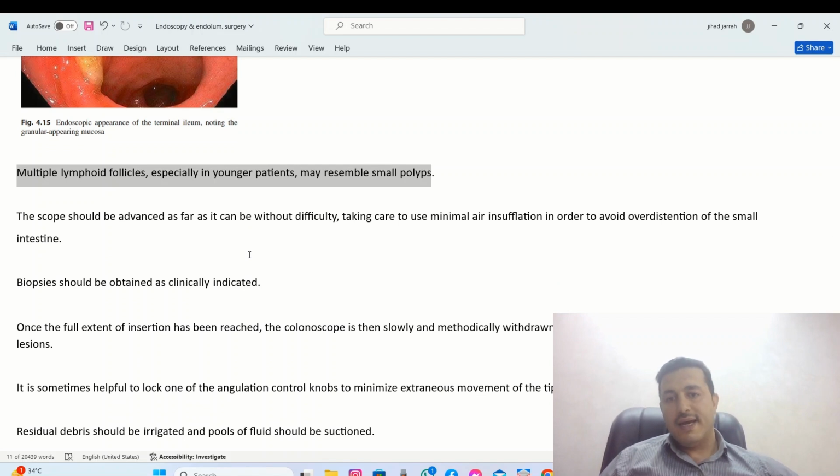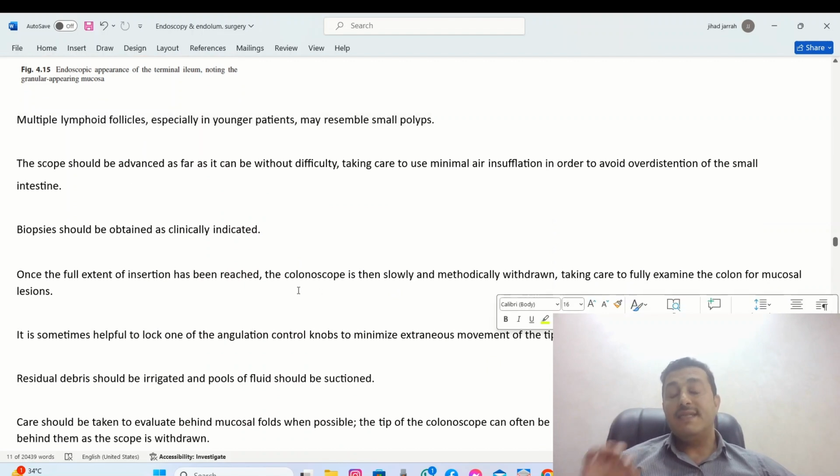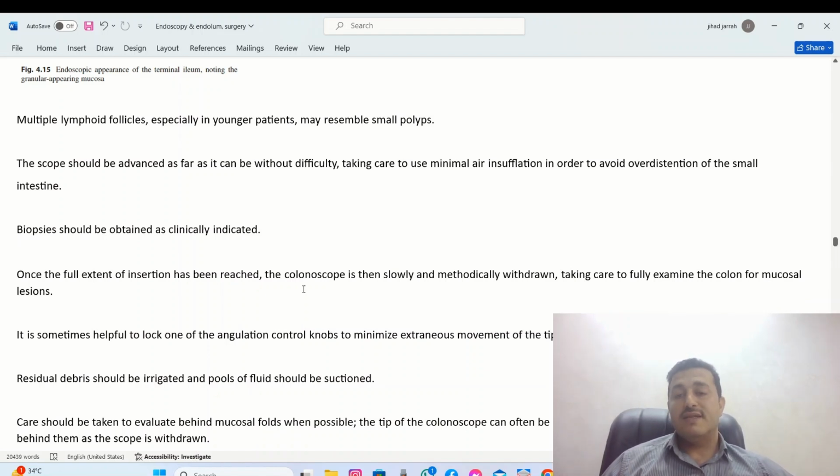What else can I add when we want to withdraw the colonoscope? It's important to look behind the folds that we didn't see. We have the cecal folds, and behind them may be a hidden lesion. We can use the retroflex.